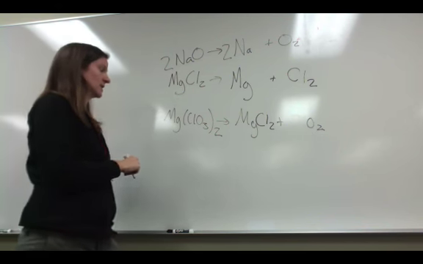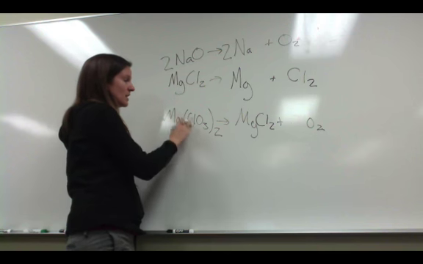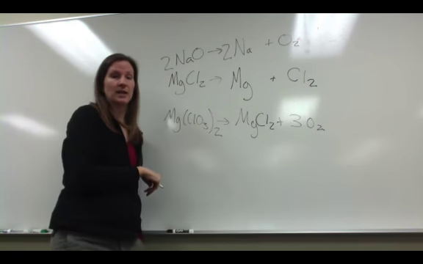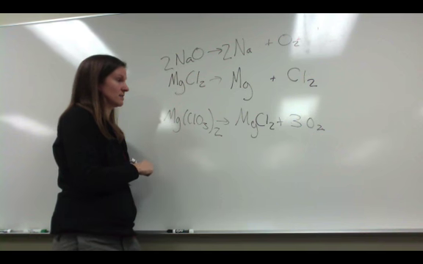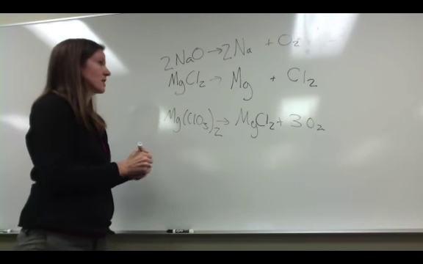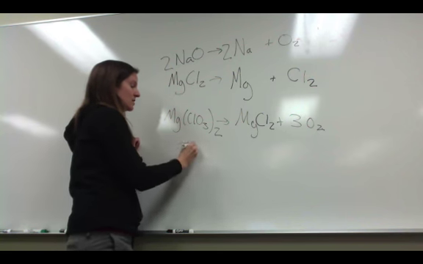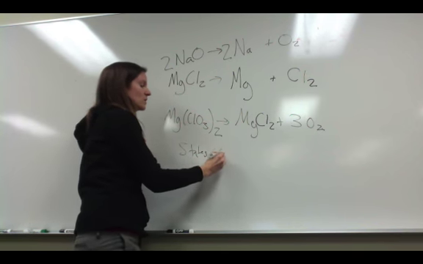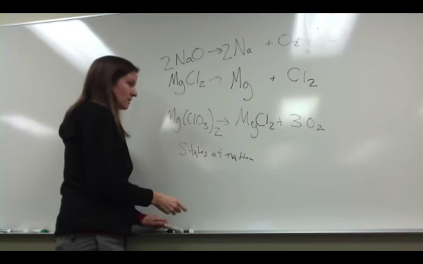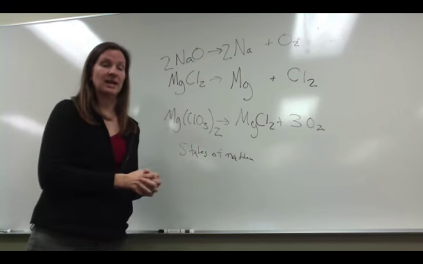So now if I did this over, I know I have 2 chlorines, but I have 6 oxygens. So I need more oxygens to make the chemical equation balanced, and then it is. So these are 3 complete balanced equations. The only information that's missing are states of matter, which really you can't get unless you're running a lab. So that's some piece of information we'd have to add later.